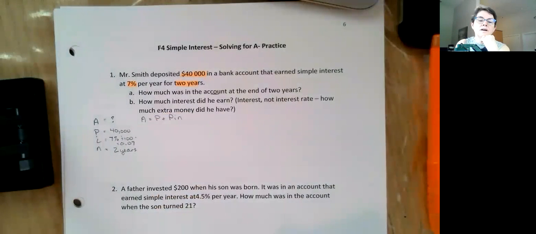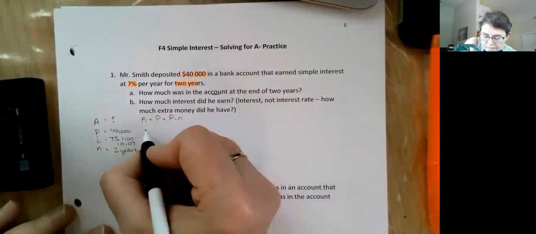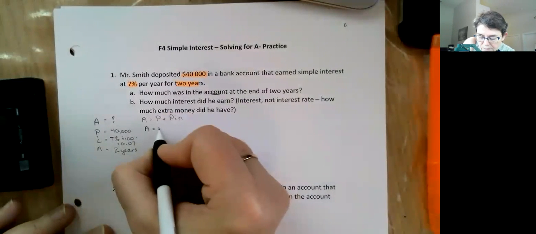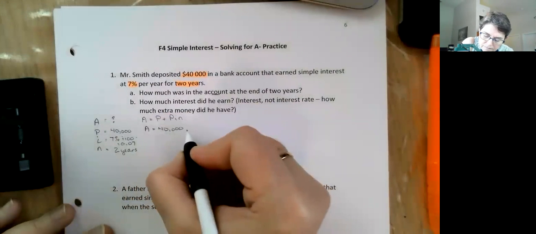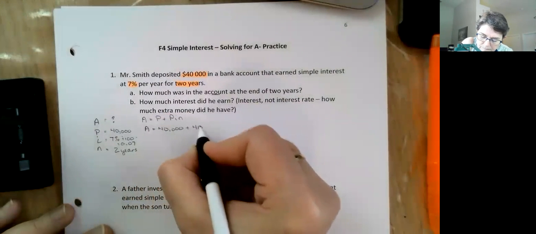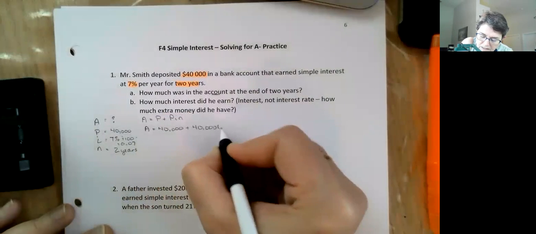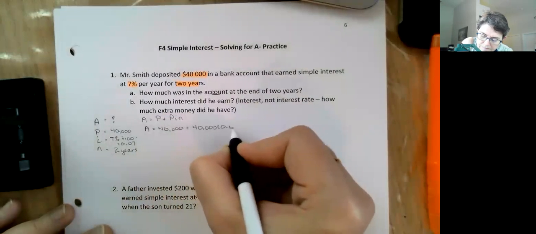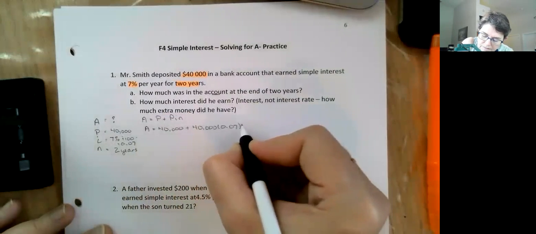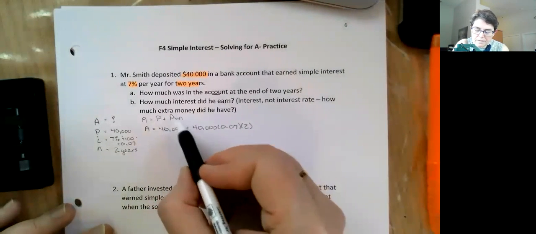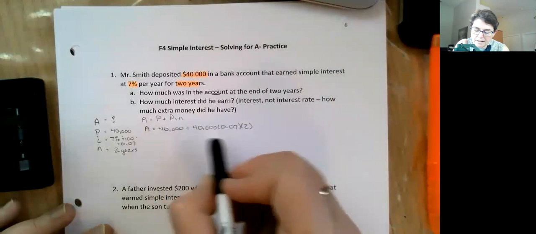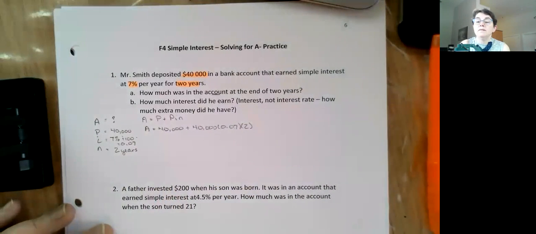That's the thing we don't know in this equation. So A is equal to 40,000 times my interest times my time. So there's my P, there's my P, there's my I, there's my N. Put it in the right order, follow your formula.